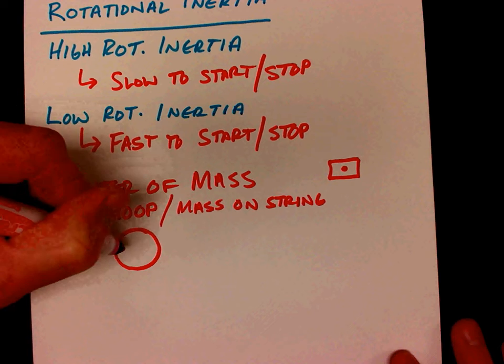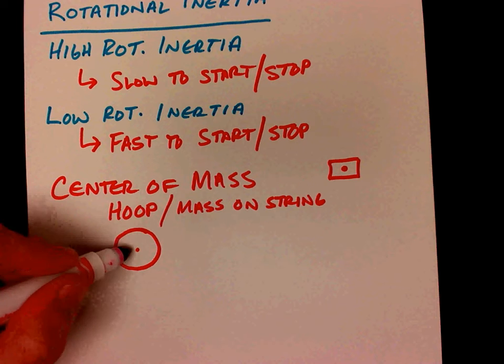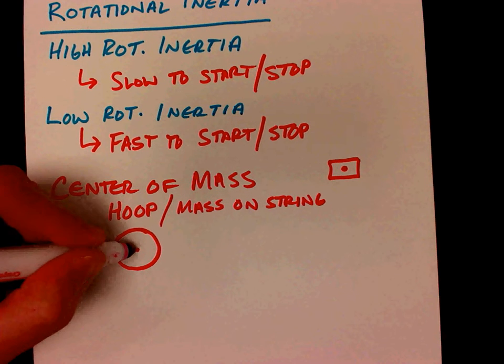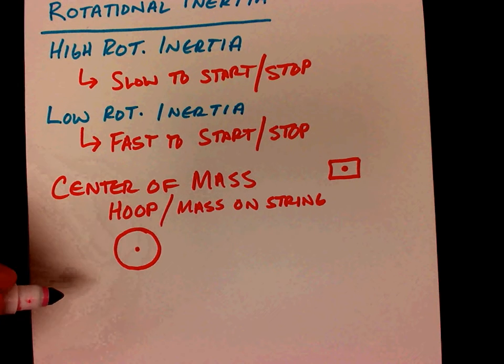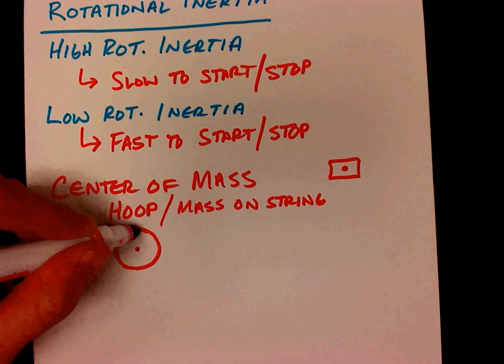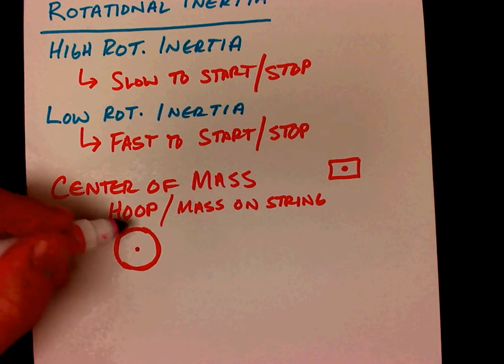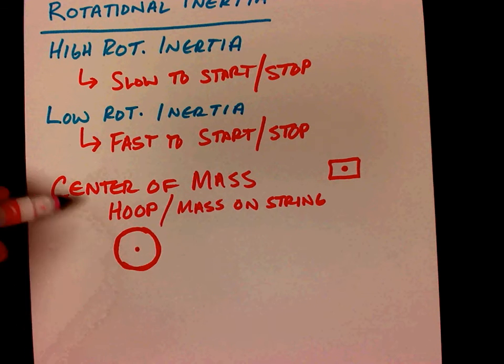Here's the outer edge. The center of mass of the hoop is going to be right in the middle of it. But also, this is almost like a bicycle wheel or that sort of thing. All of the mass is located out here along this outer edge. That's what makes it a hoop. The center point's right in the middle. That's the point at which everything will spin around, so that's its center of mass.